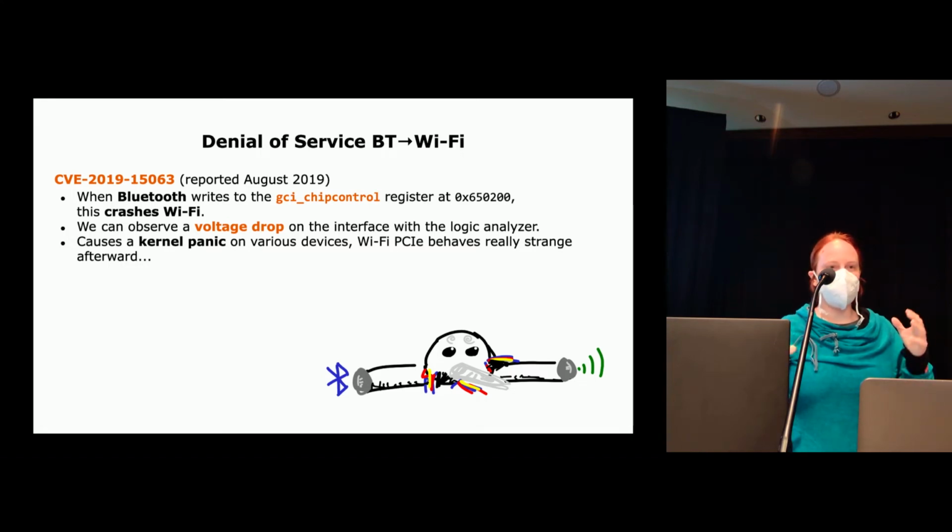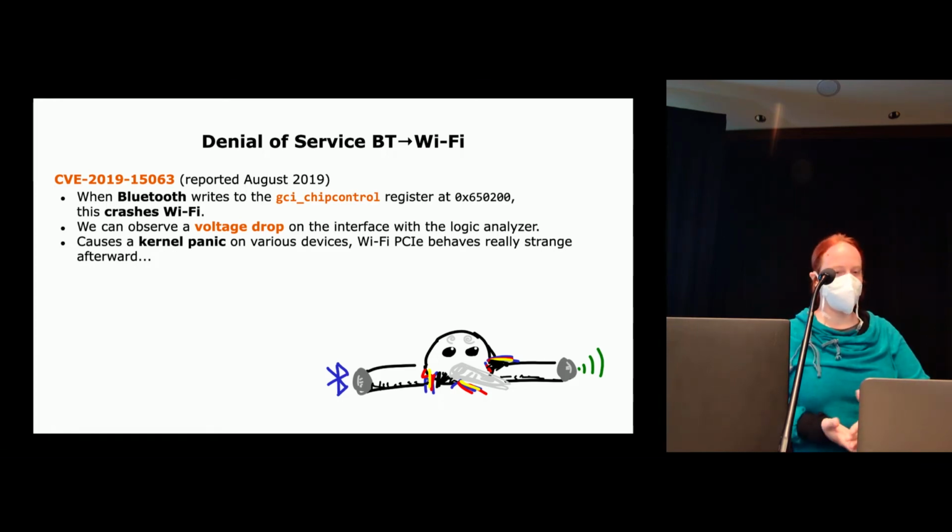And because of this hardware behavior, the Wi-Fi chip does not start again correctly. So the Wi-Fi chip is just restarting, or the operating system attempts to restart the Wi-Fi chip without any success. And on many operating systems, so also Samsung phones, but also macOS, iOS, we saw that this can cause the operating system to restart because it just times out on the PCI Express channel.